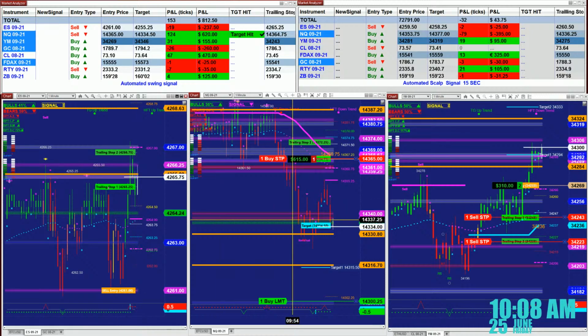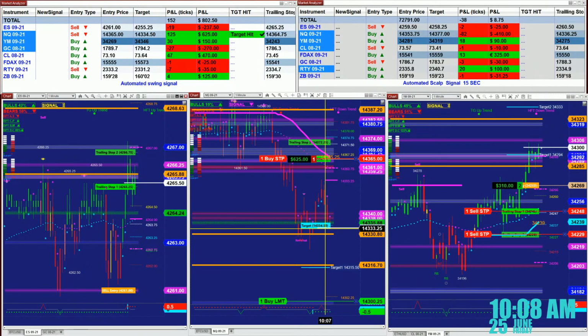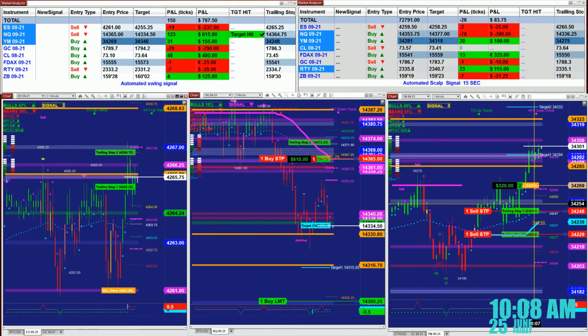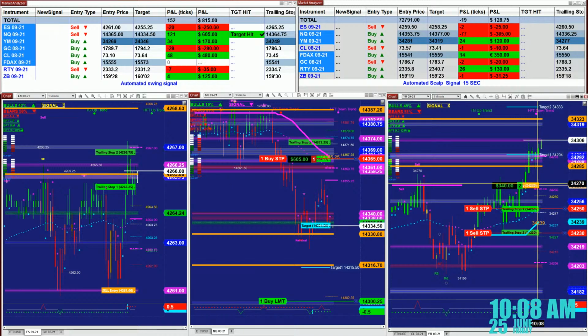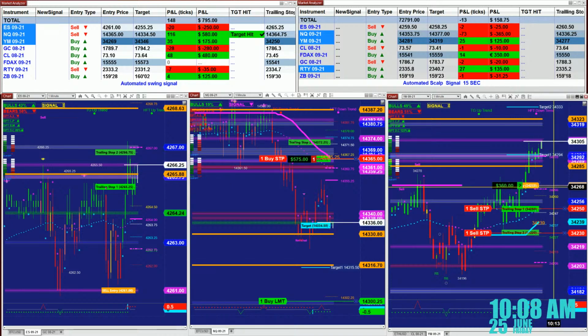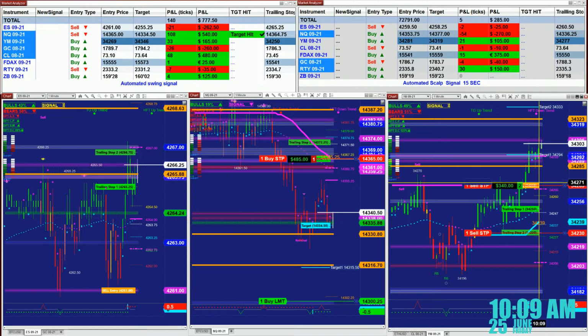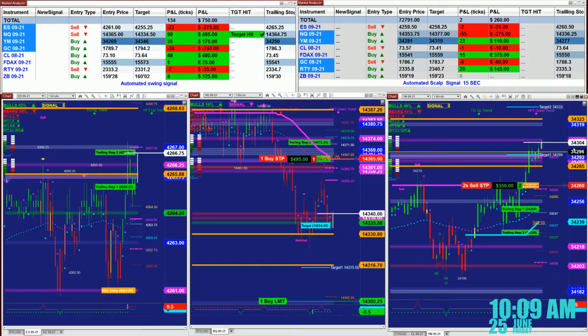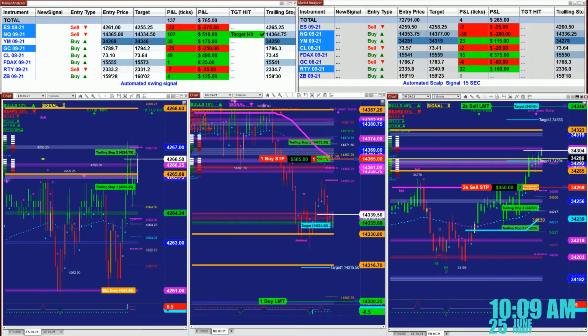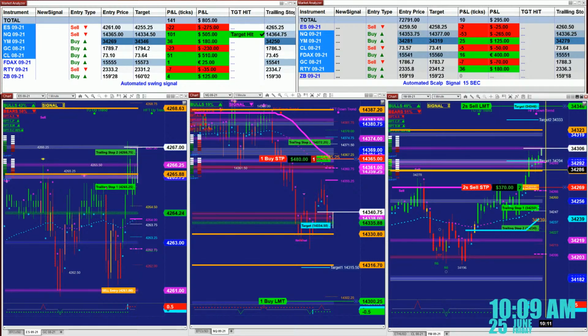However, if we look at even the YM, now we start getting difficulties here on the YM, because there is a lot of resistance, and we need the support on the YM from the ES.